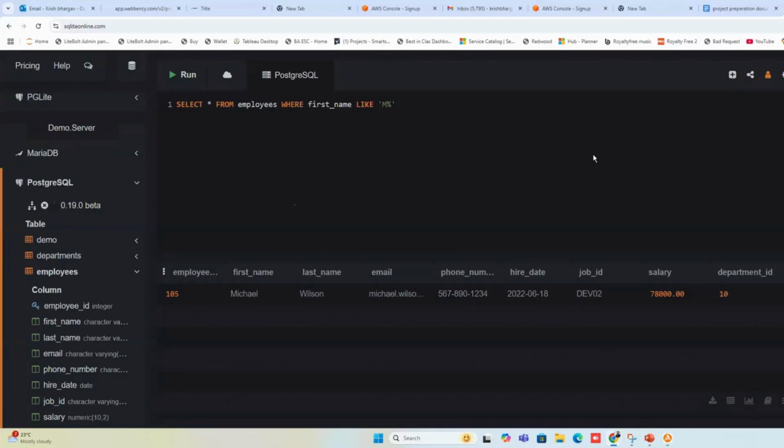If someone is sitting on the bench for greater than 12 months, we'll fire them as well. So now how will I get this? Very simple. Select star from employees where current date minus hire date is greater than 15. Hire date is when they got hired, and current date is today's date.